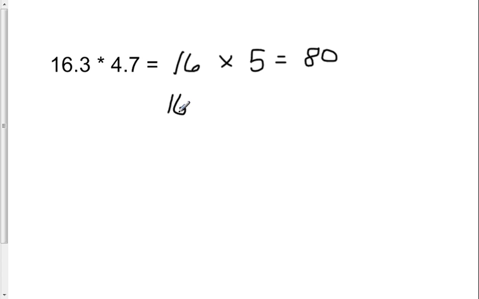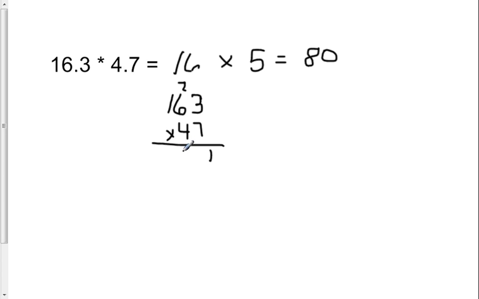Multiply these numbers as if they were whole numbers. I'm going to use just a traditional multiplication. 7 times 3 is 21. Carry this 2. 7 times 6 is 42.